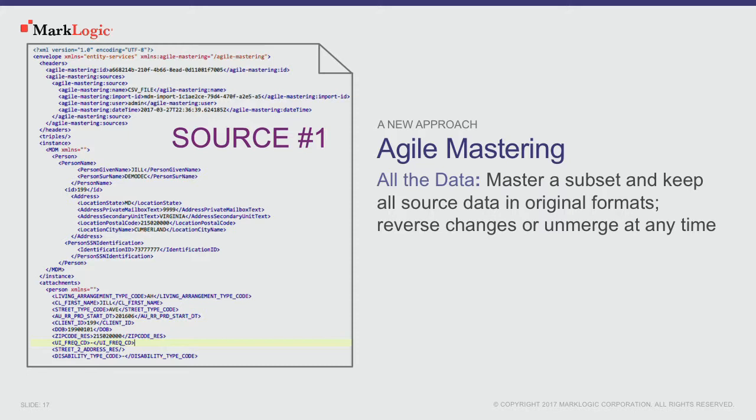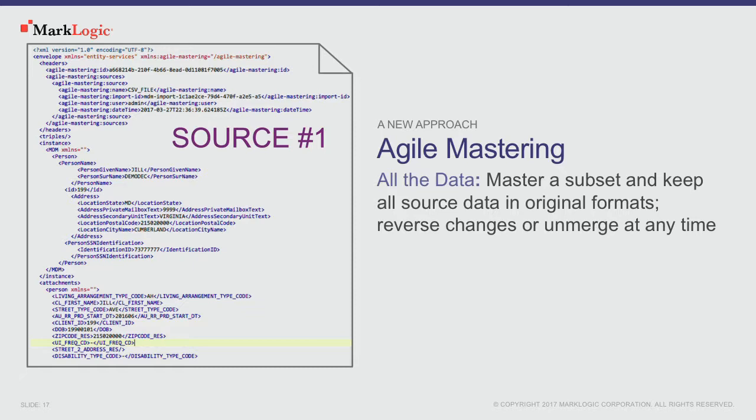Wouldn't it be nice if you could keep all the data, keep all the metadata that was associated with any changes to mastering it, master a subset of that data, and furthermore, to allow all of it to be queried at the same time. And you can do that with a schema agnostic database.